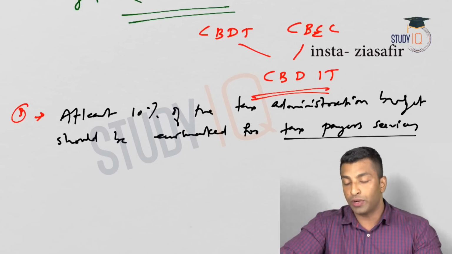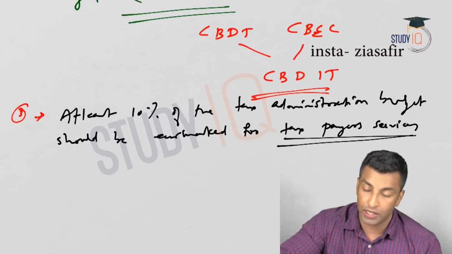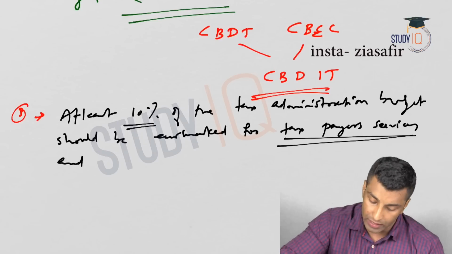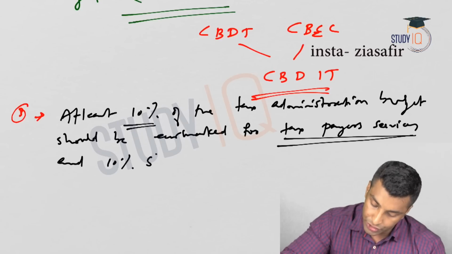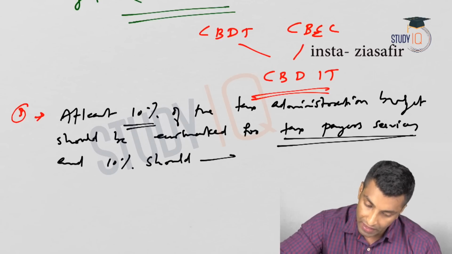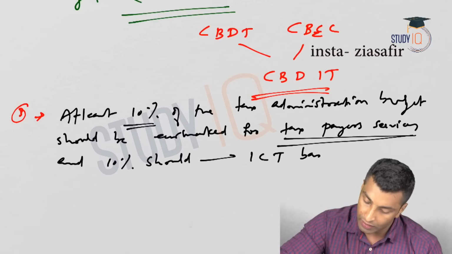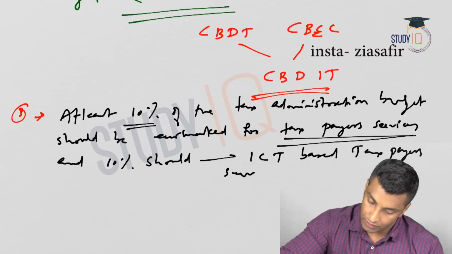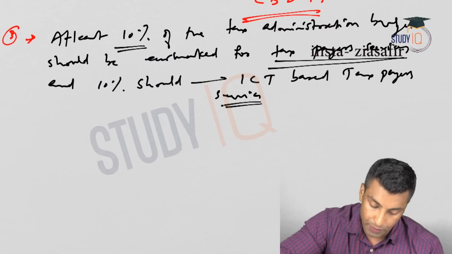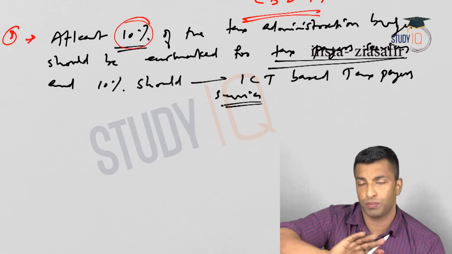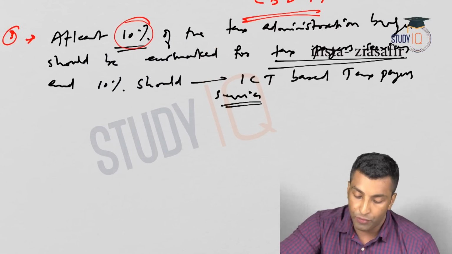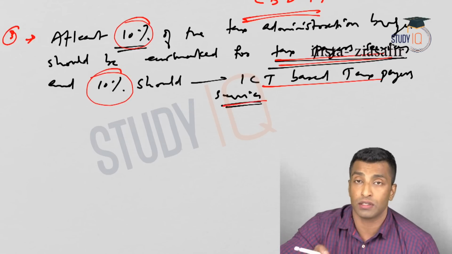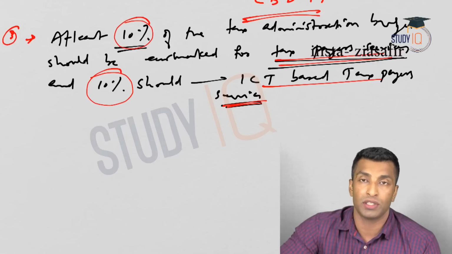So you need to take care of taxpayer services. 10% should be spent for that, and an equal amount, that means another 10%, should be earmarked or spent for ICT-based taxpayers' services. So you need to keep away 10% for taxpayer services, and another equal 10% for taxpayer services which are information communication technology based.